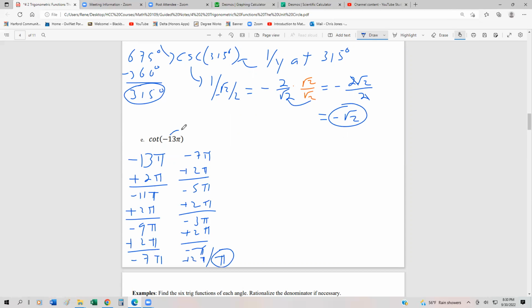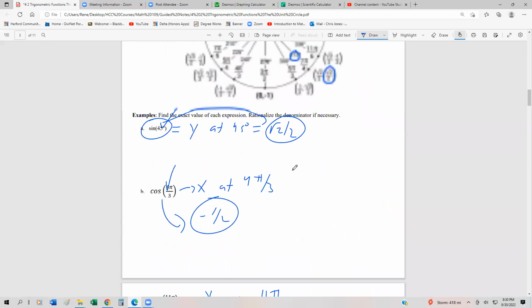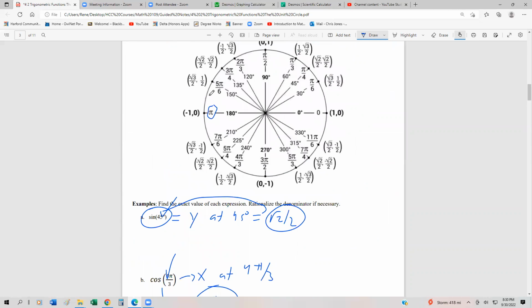And so what we're saying is that the cotangent of negative 13 pi is really the same thing as the cotangent of pi. Now remember, the cotangent, since we memorized these, is the same thing as x over y at pi. So we're going to go up to our unit circle. We're going to look at pi. We notice that the x coordinate is negative 1.